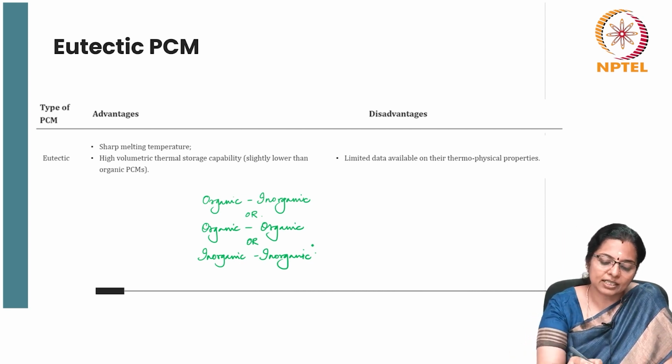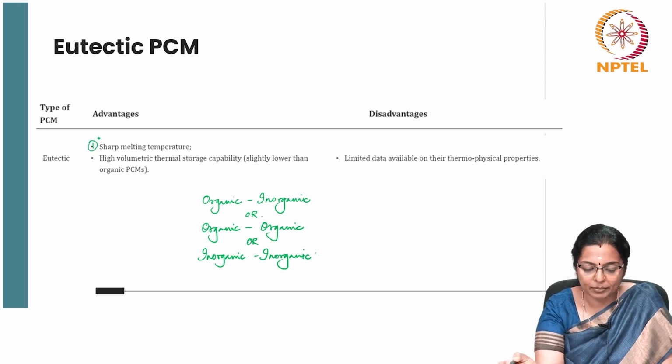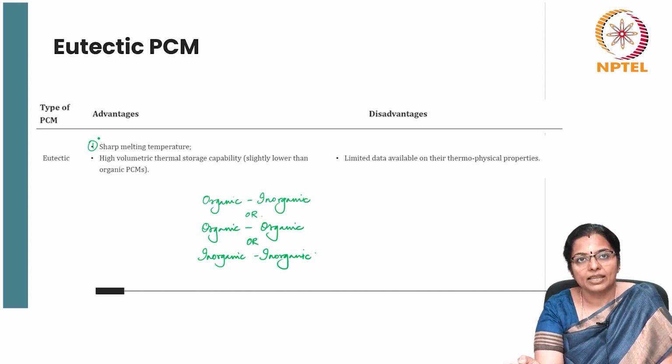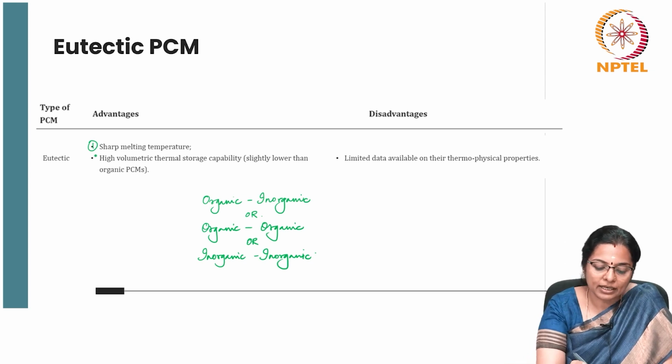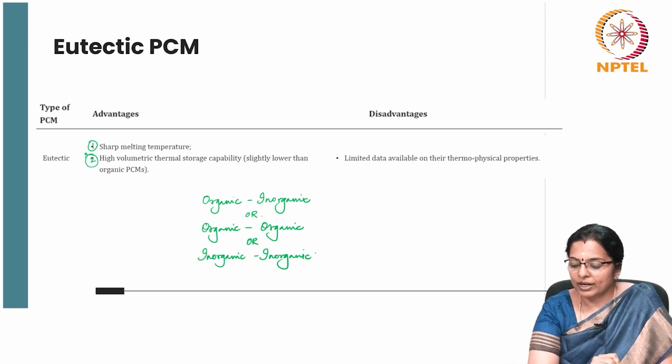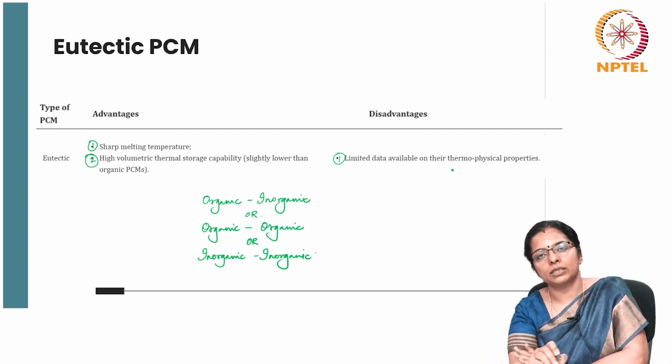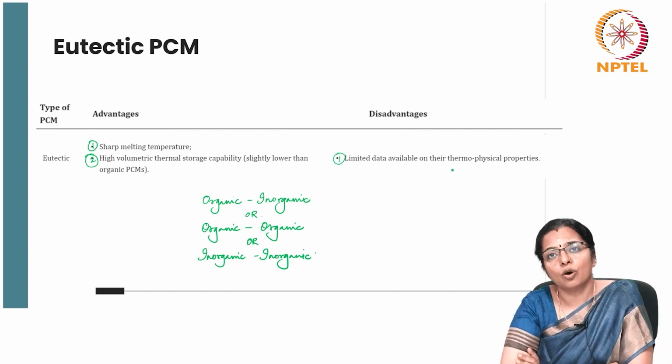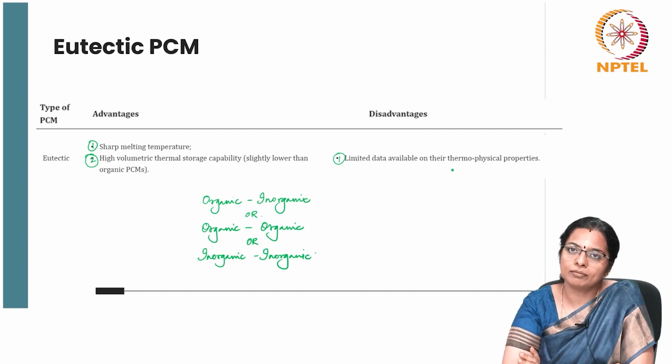Their advantages are they have sharp melting temperature and they have high volumetric thermal storage capability, that is slightly lower than organic phase change materials. If we look at their disadvantage, there is very limited data available on their thermophysical properties because of the numerous combinations we can have on phase change materials which are eutectic in type.